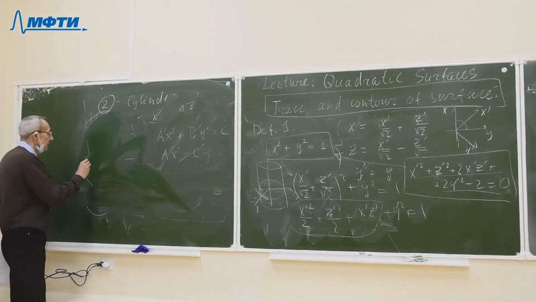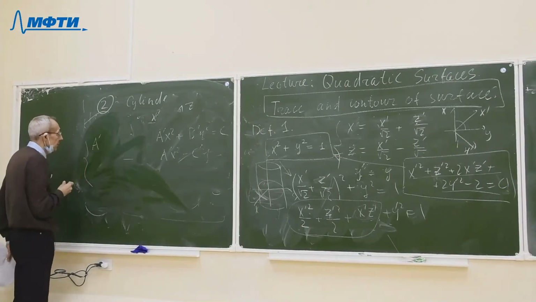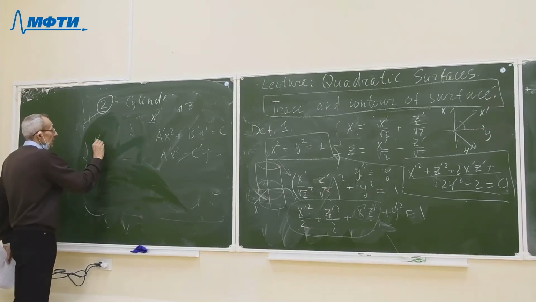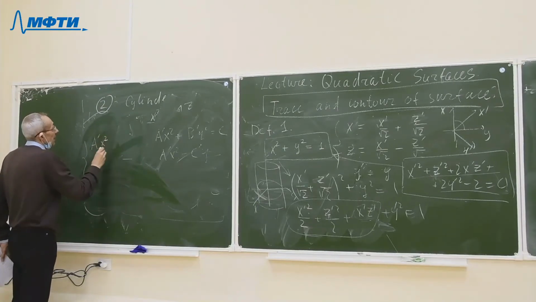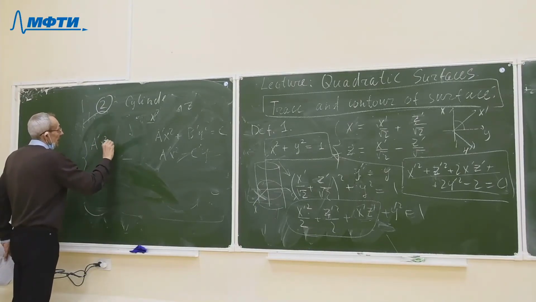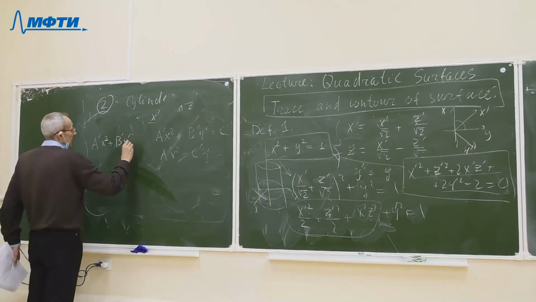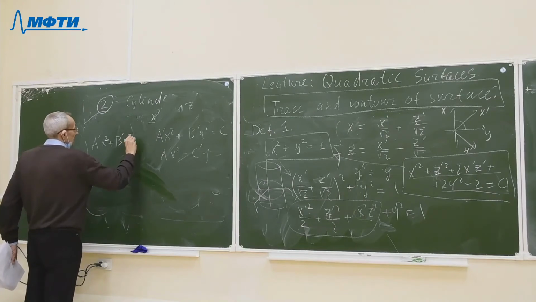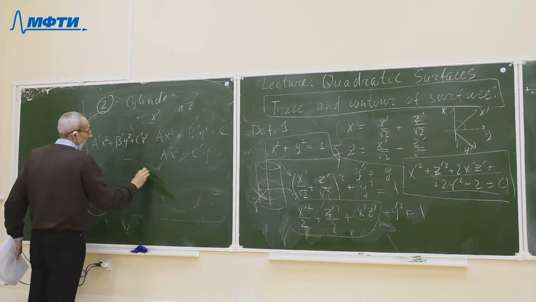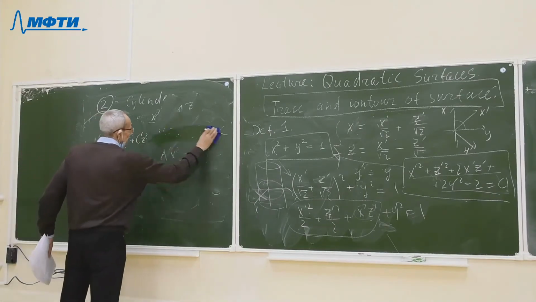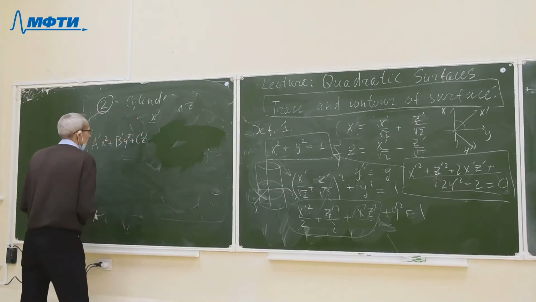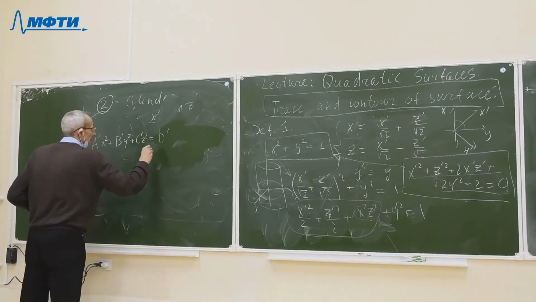The first canonical form: a prime x square plus b prime y square plus c prime z square is equal to d prime.